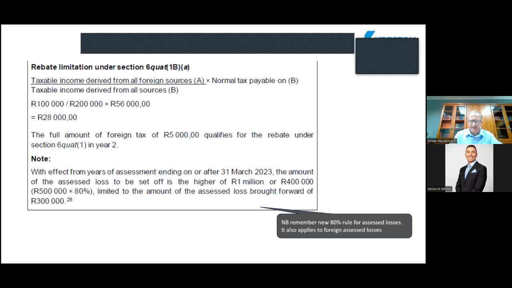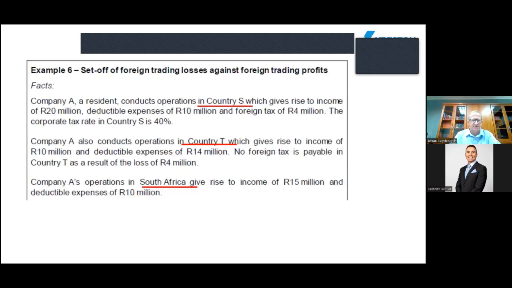So remember that the 80% rule also applies for foreign losses, not only on South African losses. So be careful for years of assessment ending on or after 31 March 2023. As you're calculating your foreign taxes, know that the foreign losses are also subject to this 80% rule.